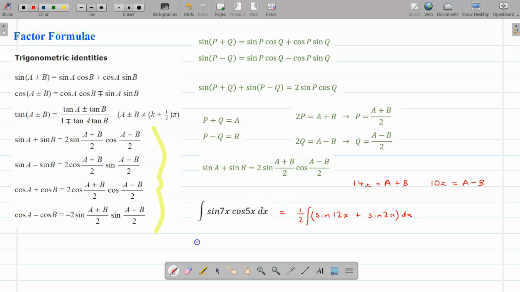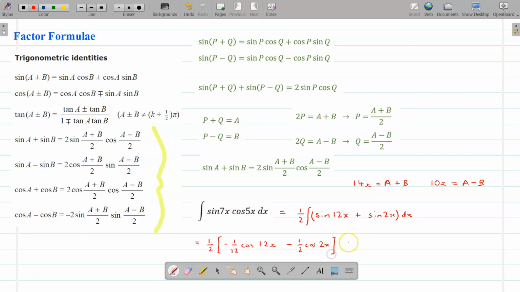So taking that to the next line, I'll keep the half outside, okay, and inside a square bracket, the integral of sine 12x is negative 1/12 of the cosine of 12x, and then I've got to integrate the sine of 2x, which is minus a half times the cosine of 2x.